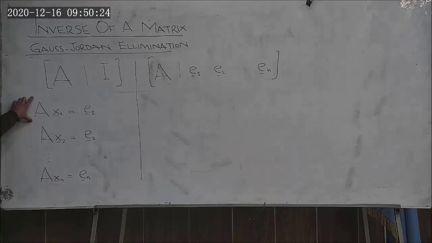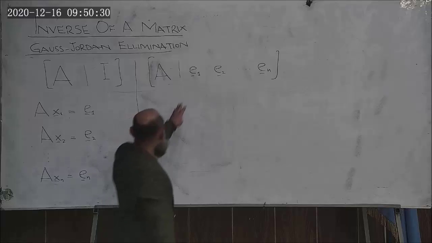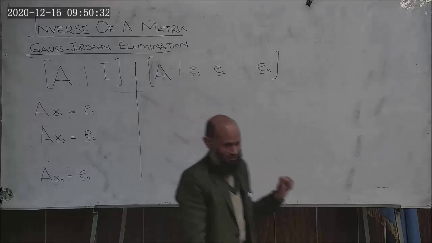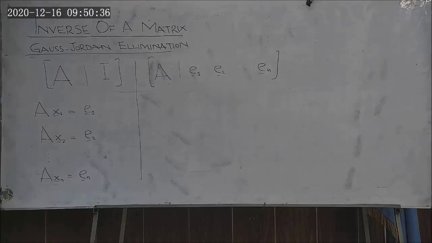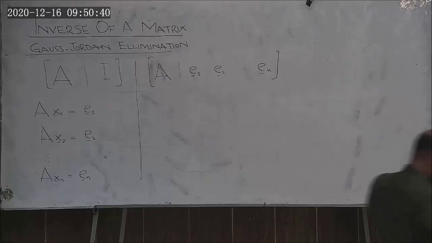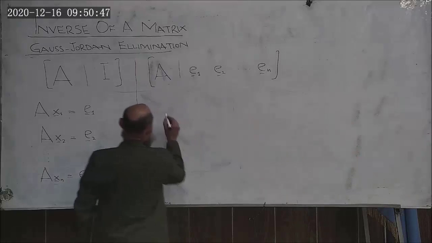So we have these systems of equations, and we want to solve them. We have performed row operations for all these systems of equations at once, and then you have this thing over here.